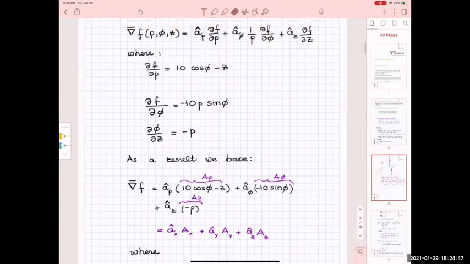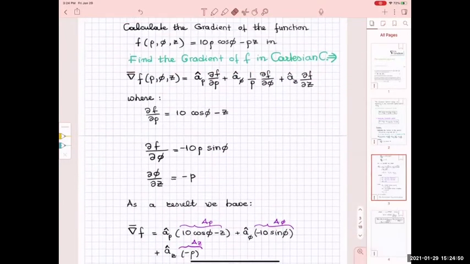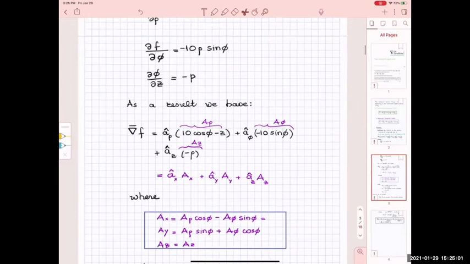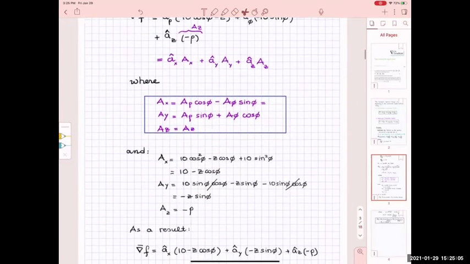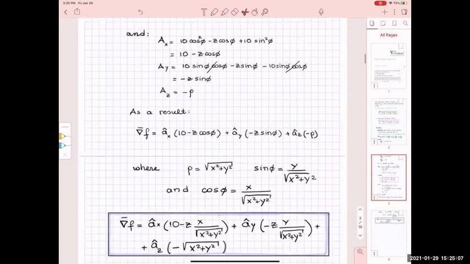And after I found this gradient in the cylindrical system, then I transferred the whole thing into the Cartesian system. Okay, and that shows what I got.